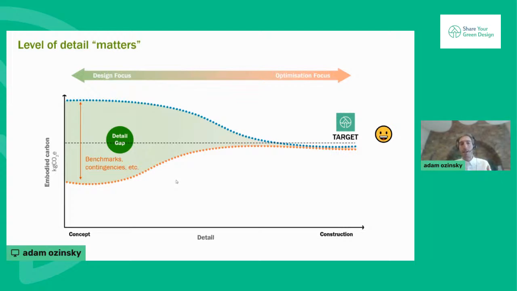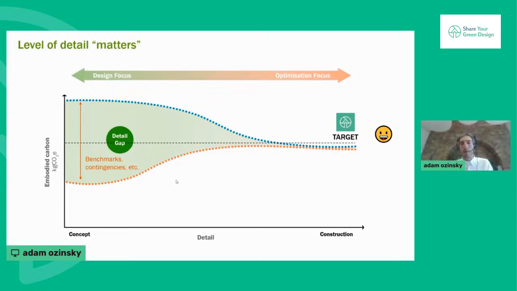And as they add detail, they go through concept, they go to detail design and get towards construction, that carbon number just increases and increases because they're finding things. We're calling this the detail gap. And so what we're trying to do in our practice is understand what that gap is and make sure that right up front we have that built in so that we can spend our energy and our time optimizing and driving that number down rather than understanding why it keeps going up.